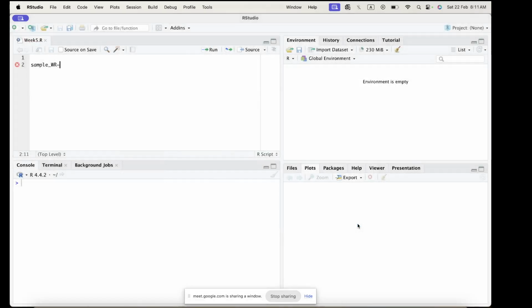Let me have a sample with replacement and another sample without replacement. I'll take this example of height.